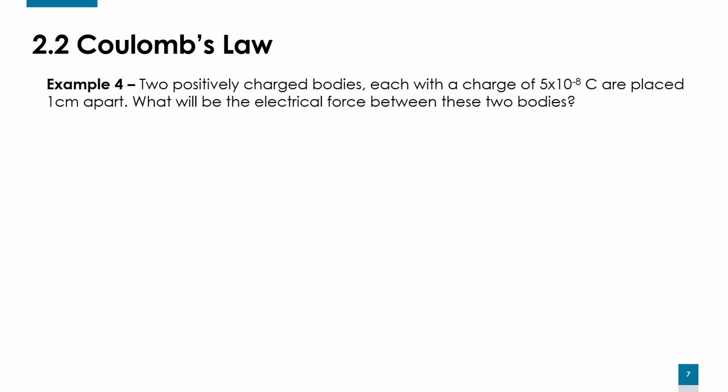I have two positively charged bodies with a charge of 5 times 10 to the power of minus 8, so both of them have the same charge. They are placed 1 centimeter apart, so this is the distance. What is going to be the electrical force between them?